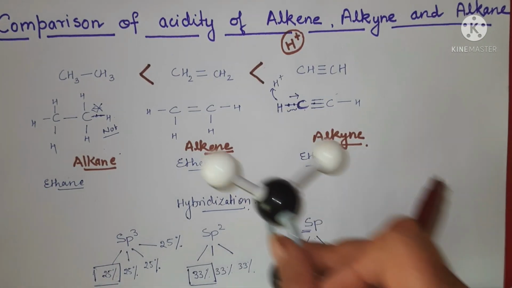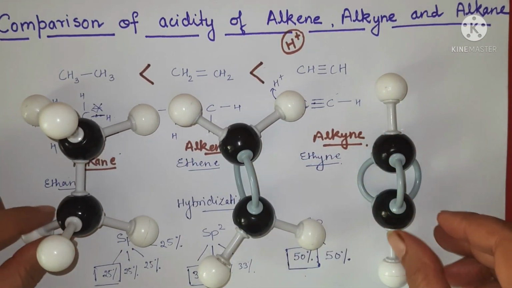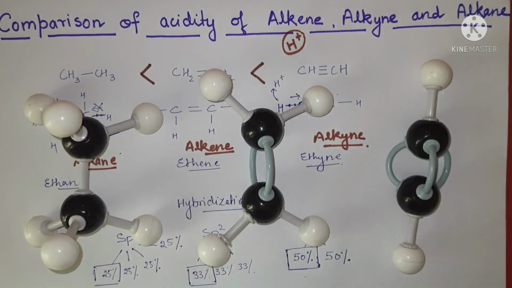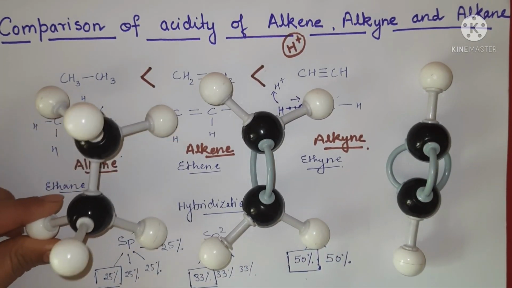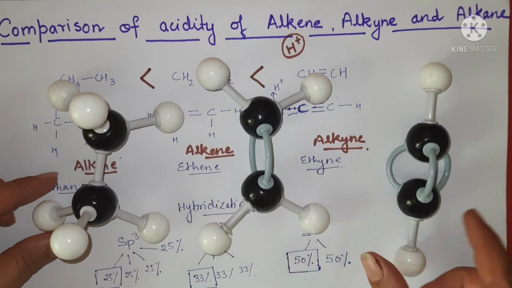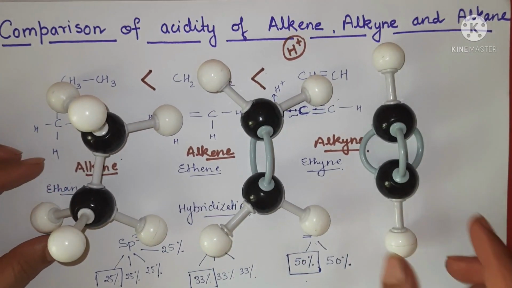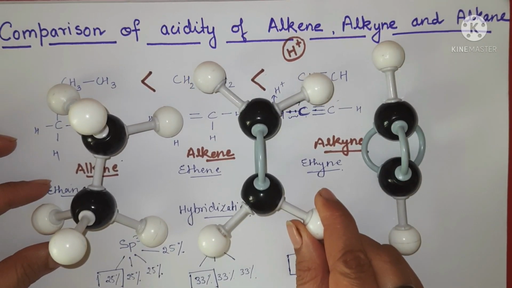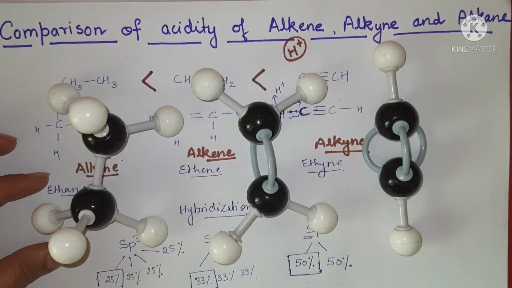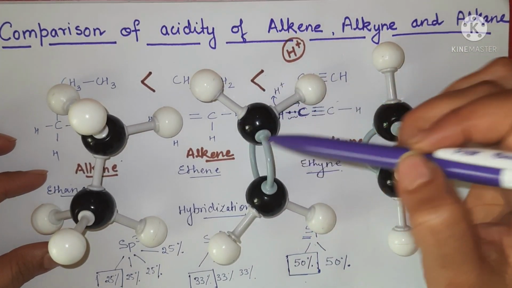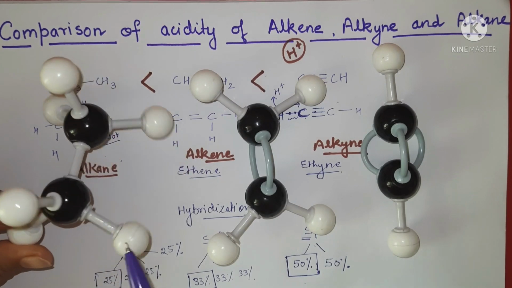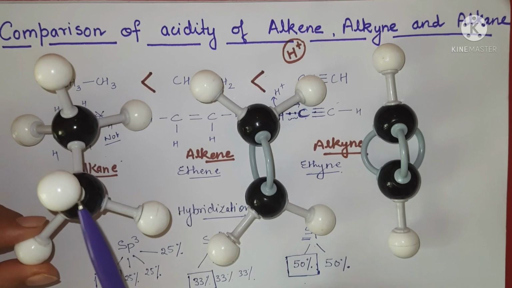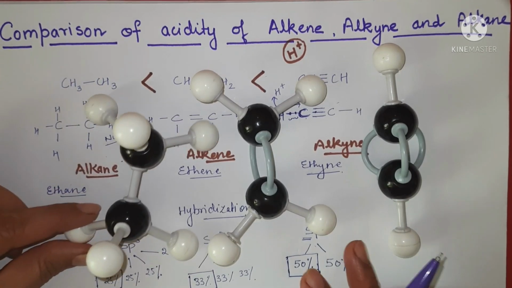Here you can see the ball and stick representation of all three. This is the alkane molecule, this is the alkene molecule, and this is the alkyne molecule. Alkyne is a linear structure, alkene has 120 degree angles between all the atoms, and alkane is tetrahedral with 109.5 degree angles.